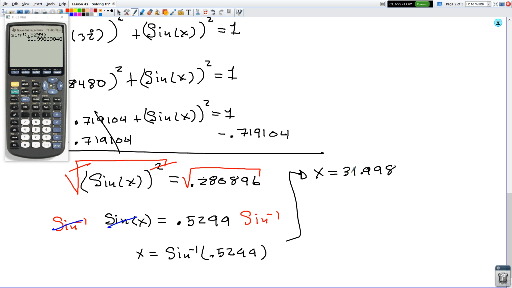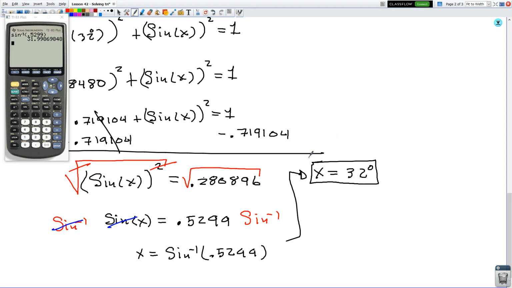Let's just round it to the nearest degree. So if we round this to the nearest degree, we're just going to say that this is 32 degrees. We have our first answer here. So this is the first solution, and we're good.